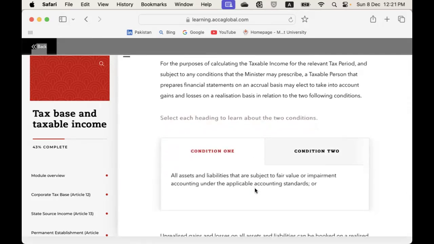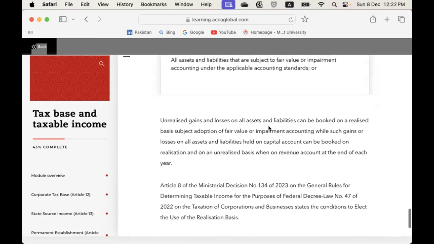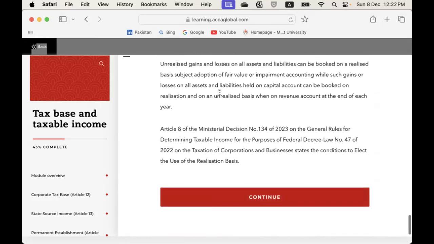Third rule we are looking at: for the purpose of calculating the taxable income for the relevant tax period and subject to any conditions that the minister may prescribe, a taxable person that prepares financial statements on an accrual basis may elect to take into account unrealized gains and losses on all assets and liabilities on a realized basis, subject to adoption of fair value or impairment accounting, while such gains or losses on all assets and liabilities held on capital account can be booked on realization.